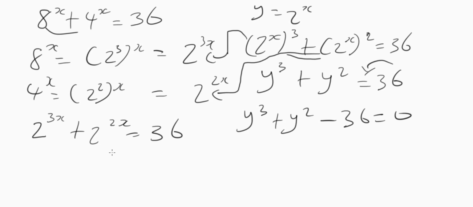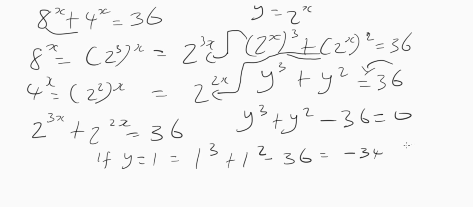Now if y equals 1, this will be y cubed plus y squared minus 36. This will give us minus 34, which is not equal to 0, so it will not work.